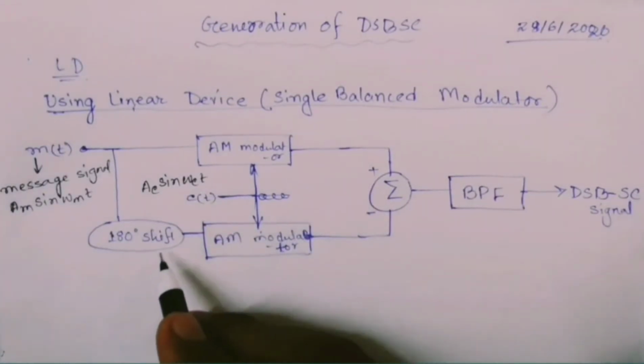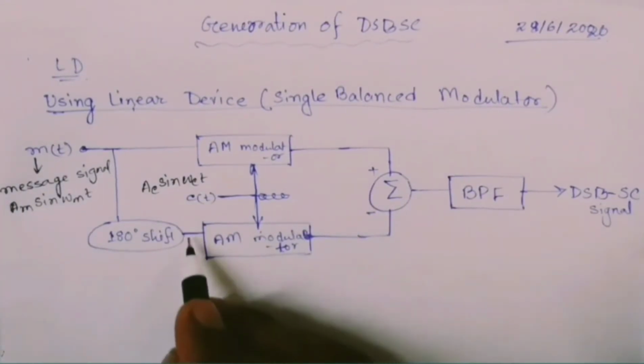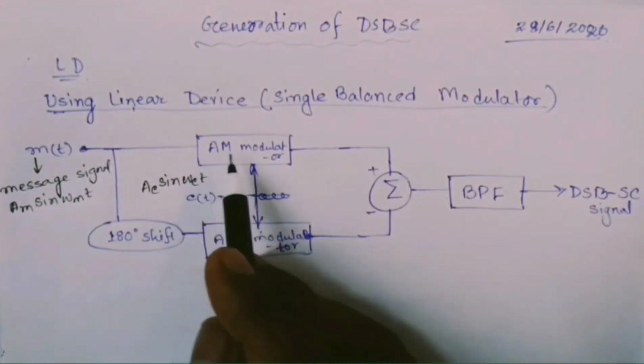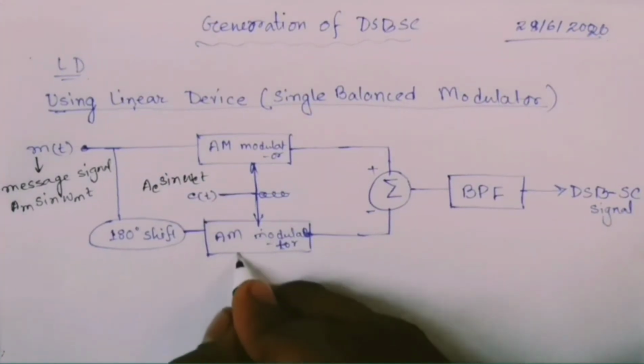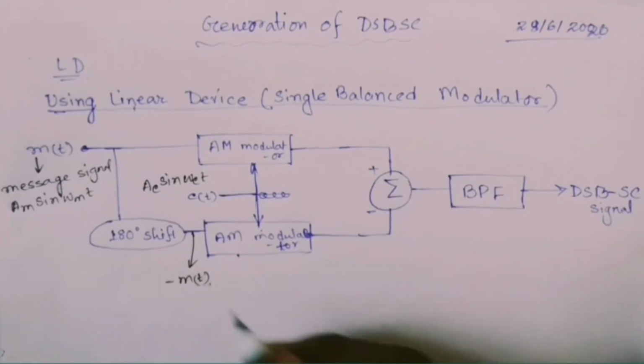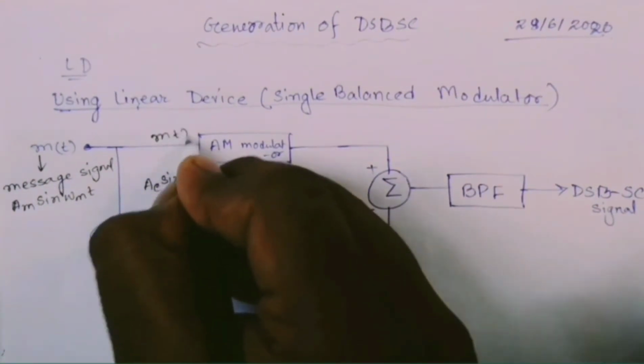m(t) is shifted by 180 degrees and then put into this AM modulator, whereas here it is put into the AM modulator directly. So at this point the signal is minus m(t) and here it is m(t).